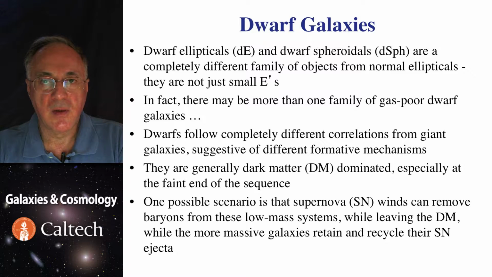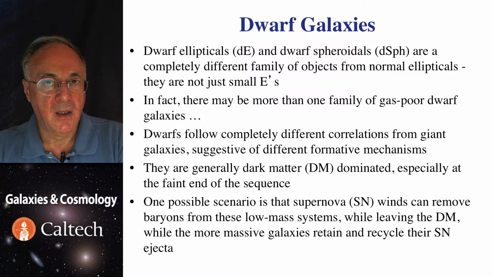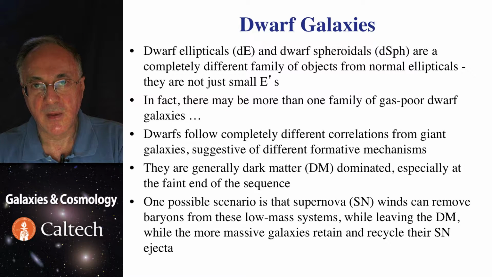But supernova shocks would not affect dark matter at all, and so dark matter will stay. So lower luminosity galaxies will be more efficient in losing their luminous mass while retaining the dark matter, and therefore you expect them to be more dark matter dominated, which is exactly what's observed.